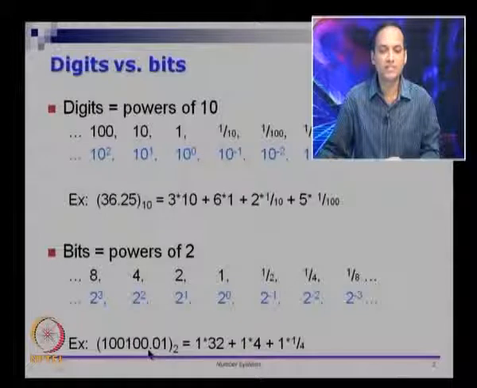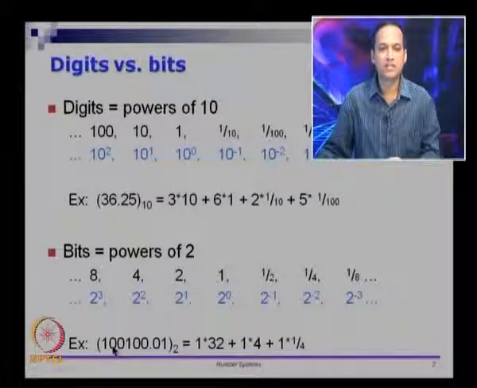If you look at this binary number here, let us see what the value of this one is. You start from here: this is 2 power 0 into 0, this is 2 into 0, this is 4 into 1, this is 8 into 0, 16 into 0 and 32 into 1. So we have 32 plus 4, so this is 36.